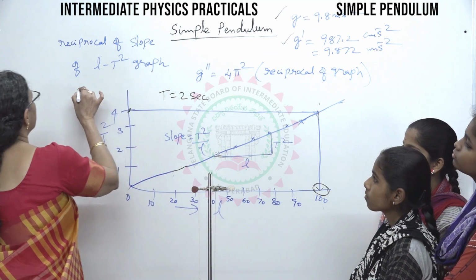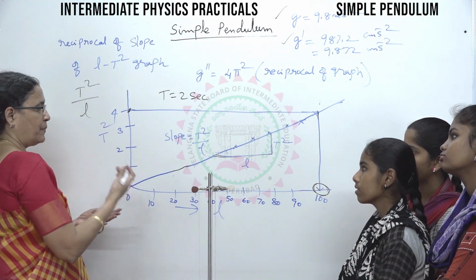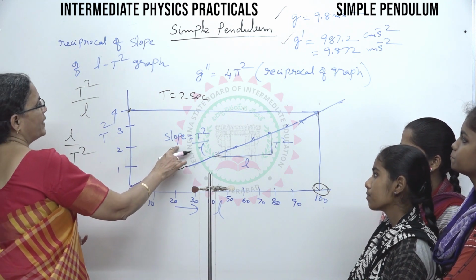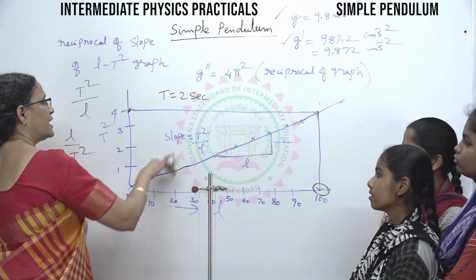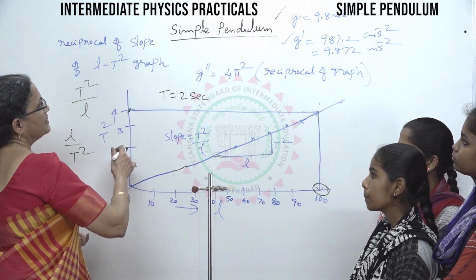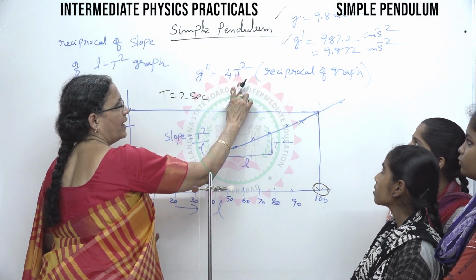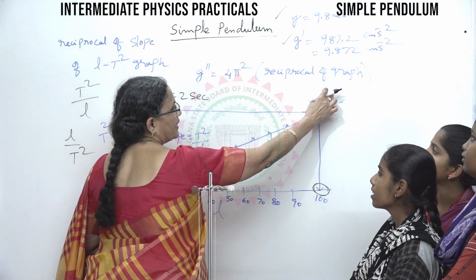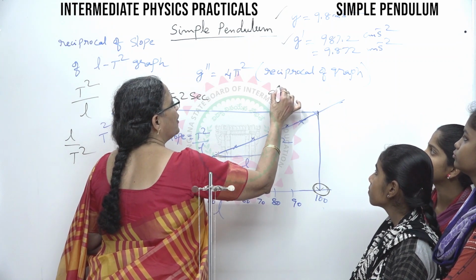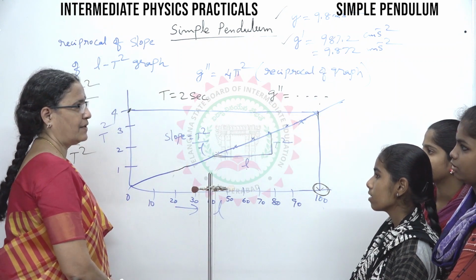That gives you T square by L. So the slope is T square by L. The reciprocal of the slope is L by T square. Then g double dash is equal to 4 pi square into the reciprocal of the slope of the graph. That is g double dash. మీకు అది కూడా ఆ విలువలకి దగ్గరగానే రావాలి.